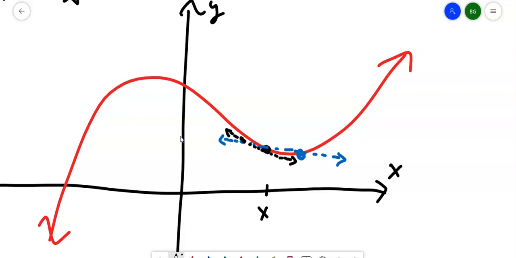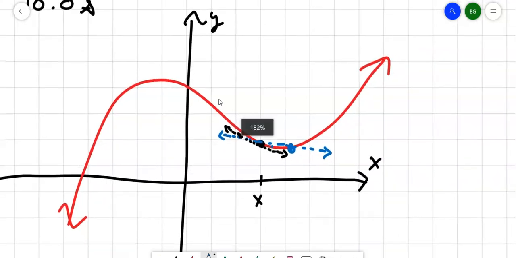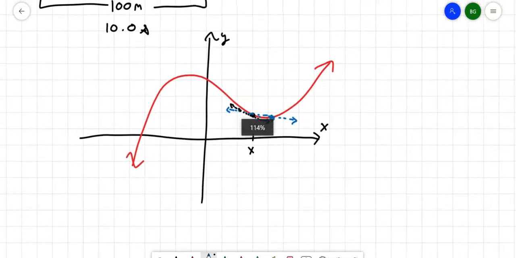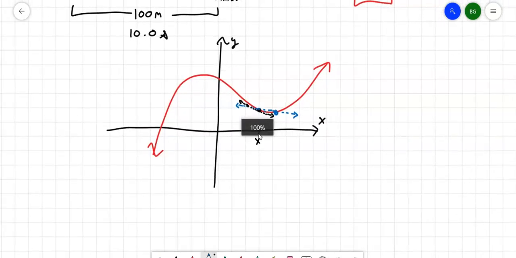The idea is that these two slopes should be roughly the same, and if they're not that close, we could just pick a point closer and get a better approximation. But there was no way to get an exact value, and that stems from the definition of slope.